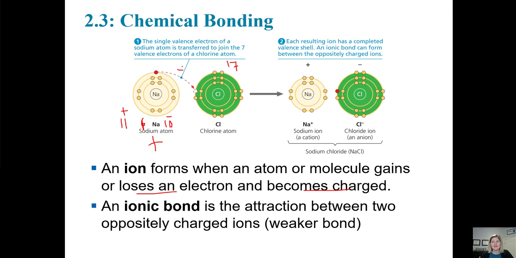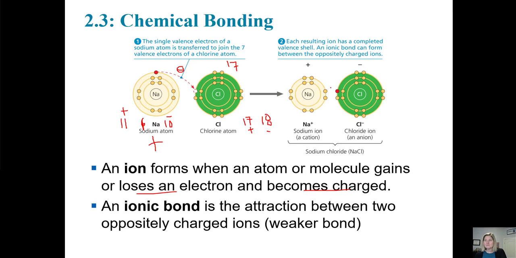So it's going to want to gain that electron. But if there's 17 protons and it gains an extra electron, now it has 18 electrons. So it's going to be a negative ion. It's going to have a negative charge because it has more electrons than protons.